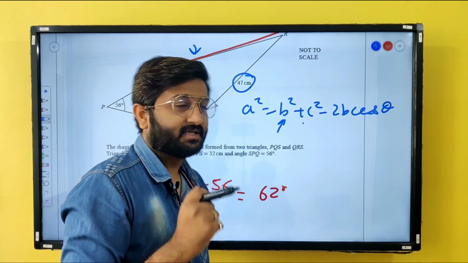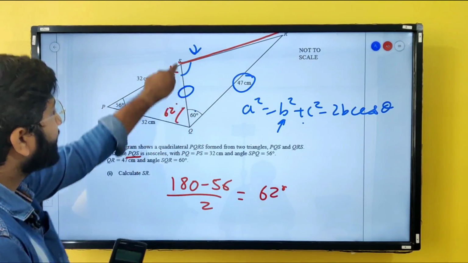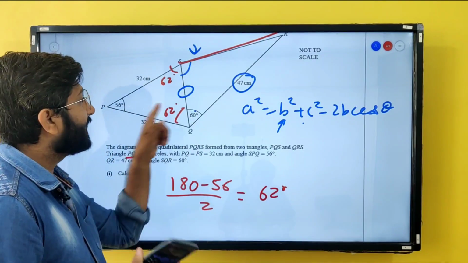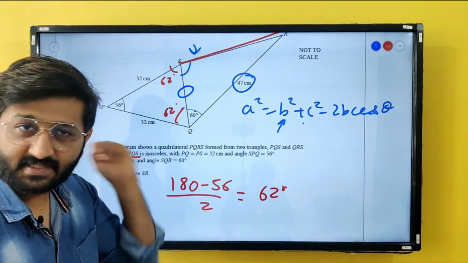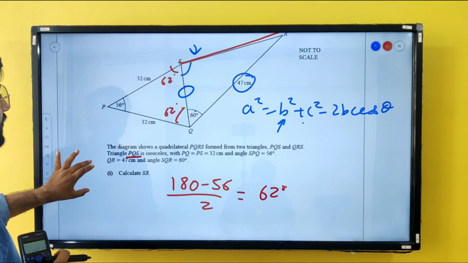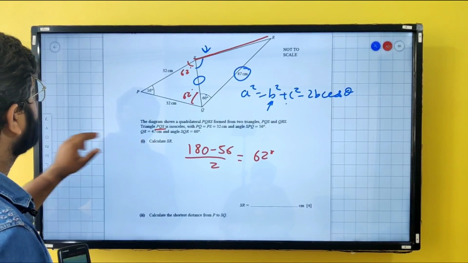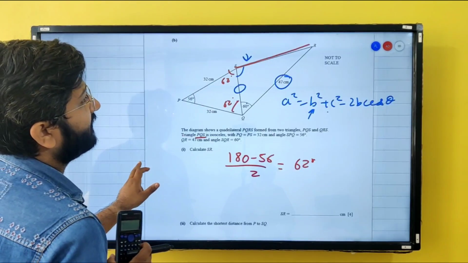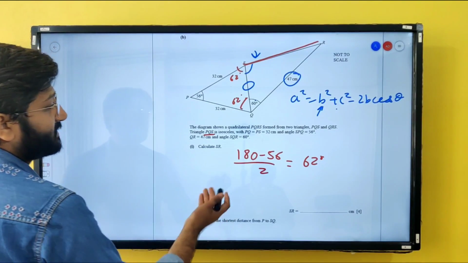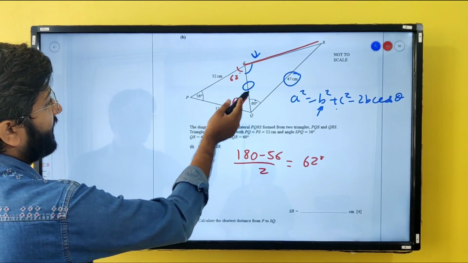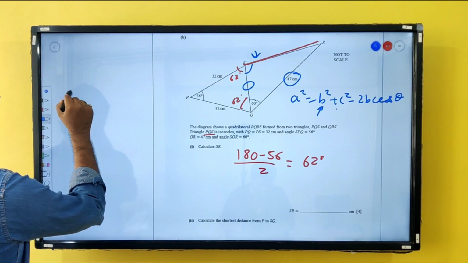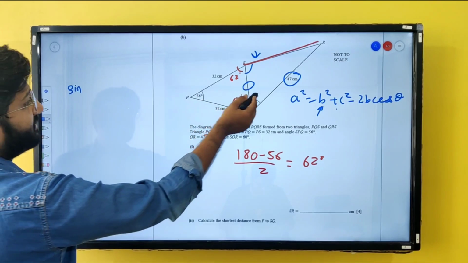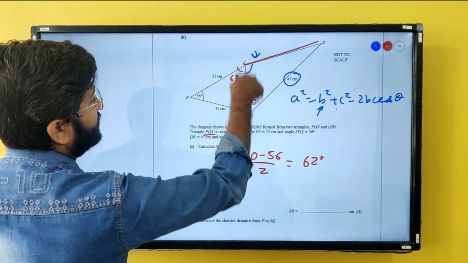But can I find C? Yes, I can, because in this triangle I can apply the sine rule and find C. So first, let us find out C. I am doing this calculation on the left hand side because there is very little space here. Let's say I am supposed to find this side SQ.